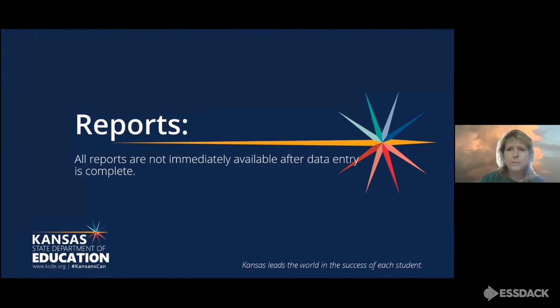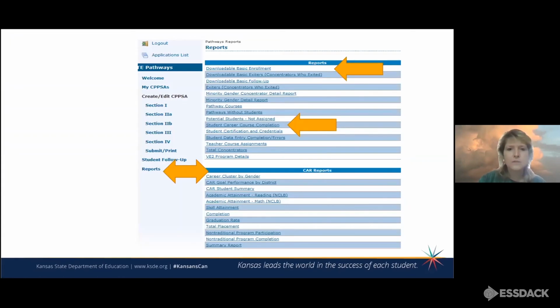This is what the report screen looks like. The arrows are pointing at the student career course completion report and the downloadable basic enrollment report. Typically, you guys are not going to be the ones who take a look at the CAR reports down at the bottom. That's the consolidated annual report that is submitted for the state for Perkins funding.